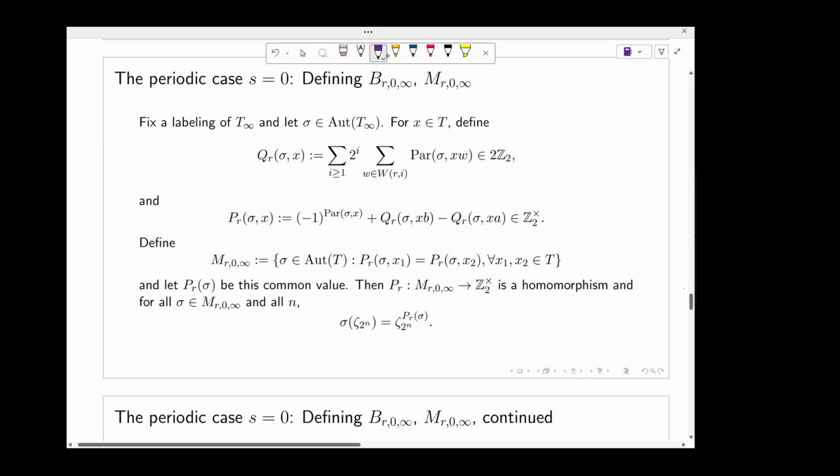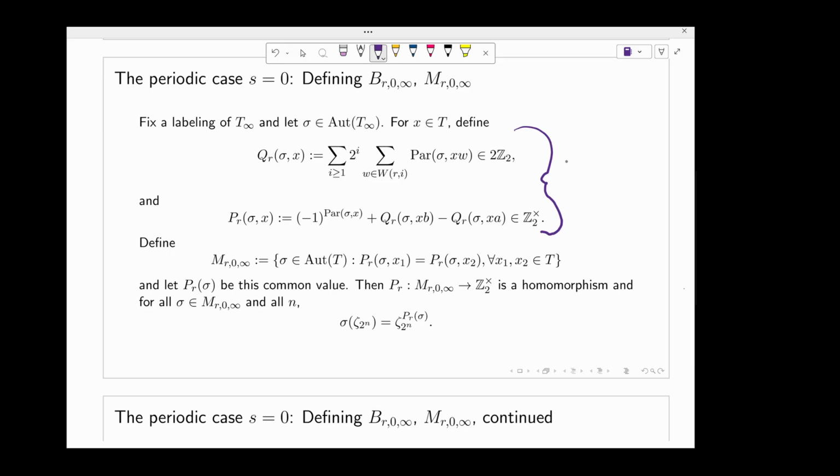But what we're doing in these 2 lines of definition is defining this complicated element of Z_2^×, the non-zero 2-adic integers, that's going to depend on all of the parities. And what I needed to do is act consistently on all of these 2^n-th roots of unity that I just built in my tree.